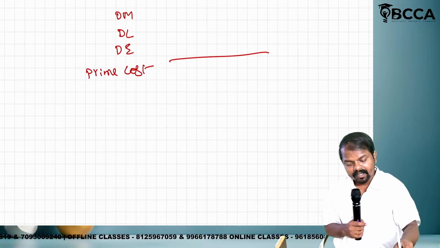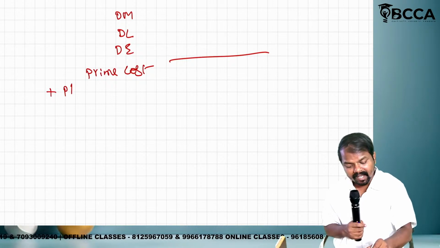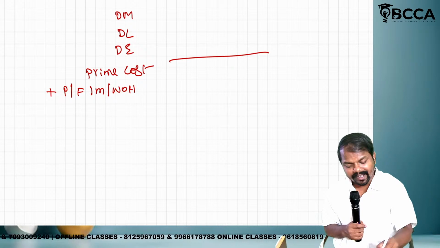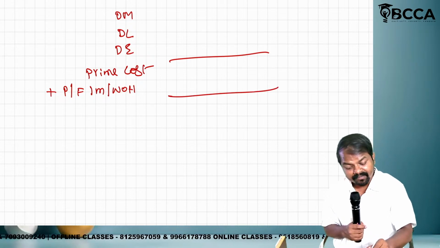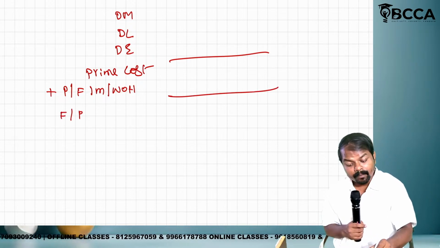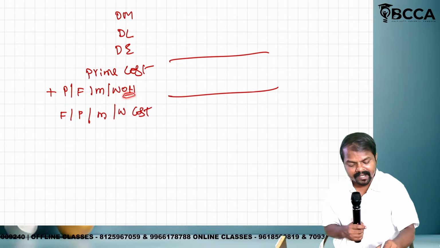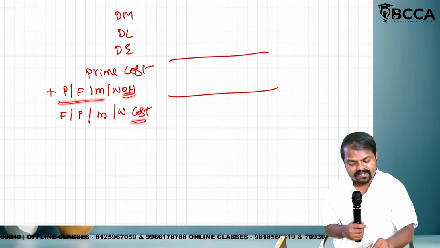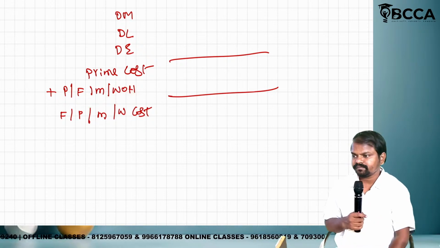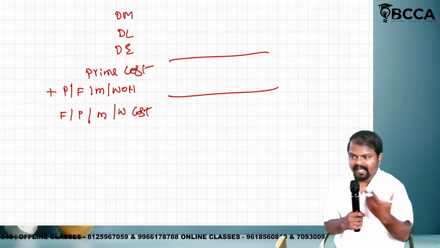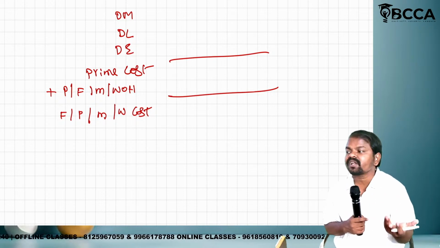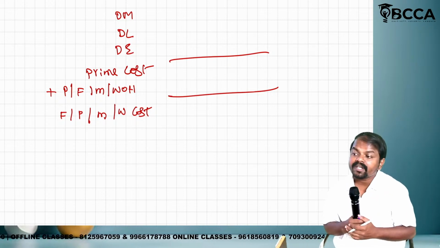Plus production overhead, result called factory cost gross, production cost gross, manufacturing cost gross, works cost gross. Instead of the overhead term, the cost definition, the same names will be copy-pasted. Actually, we name it factory cost gross. We can name it production cost.